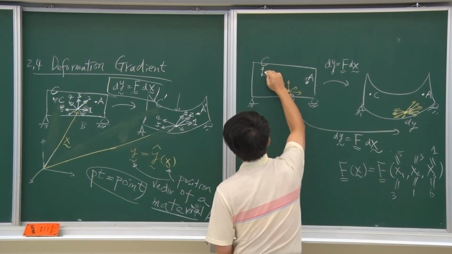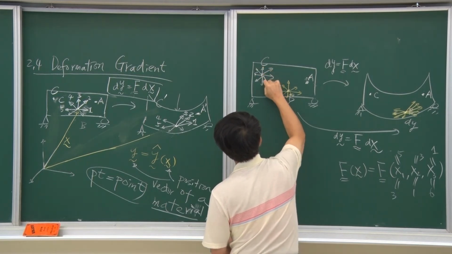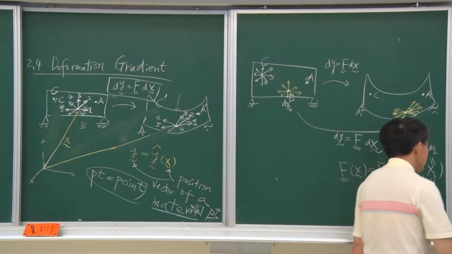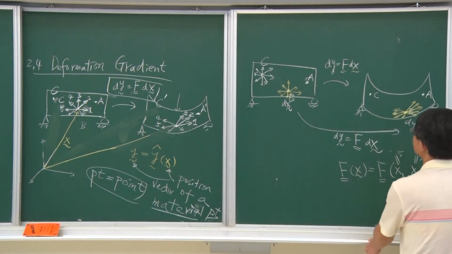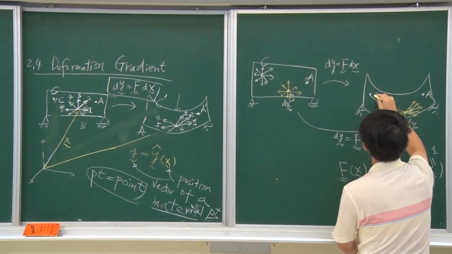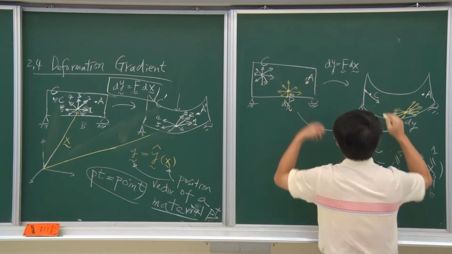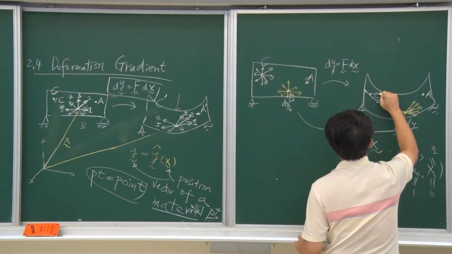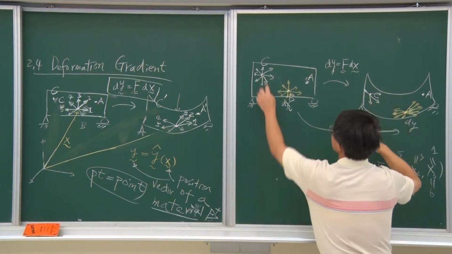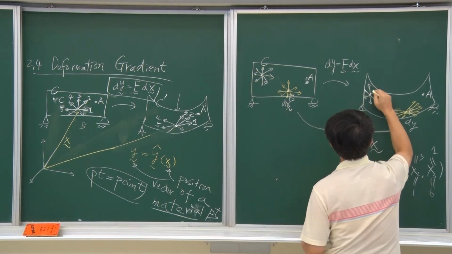And also at point C, we have material lines like this. And this material line will be sent to here. This one, this one, this one may be like this. This one, this one, this one may be like this, and this one may be like this.